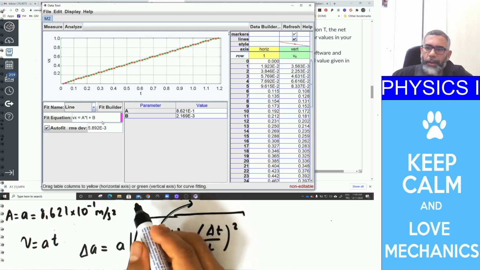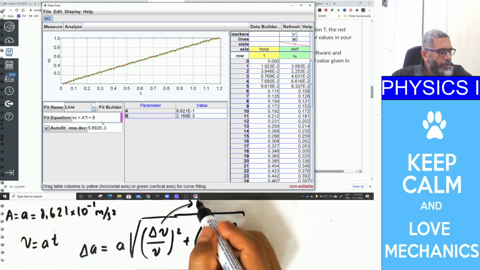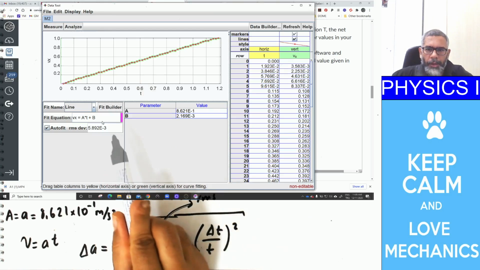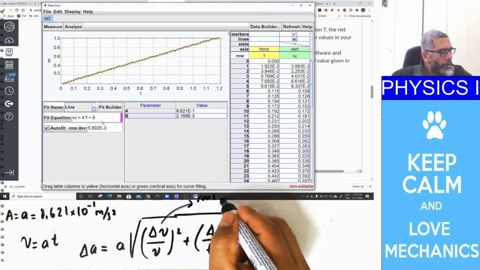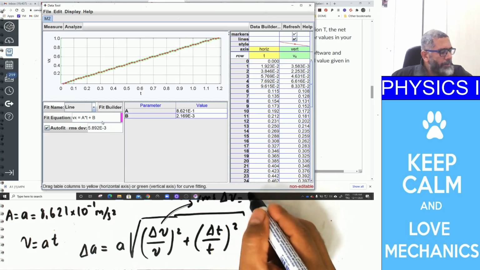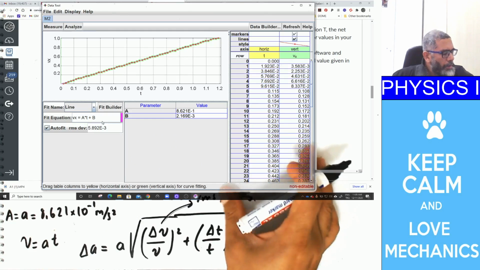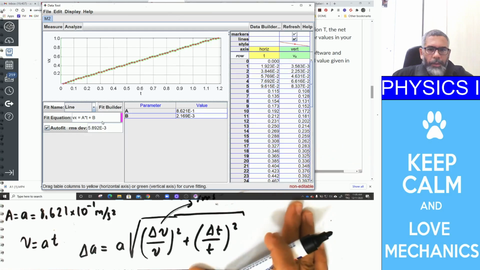It is delta V, and I just read over here this value, which is the root mean square on this plot. Over here, it is written, you cannot see it because it is over the black region.